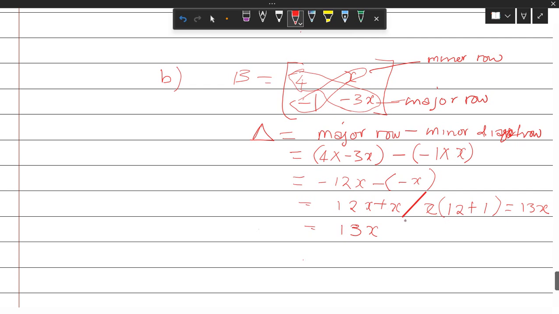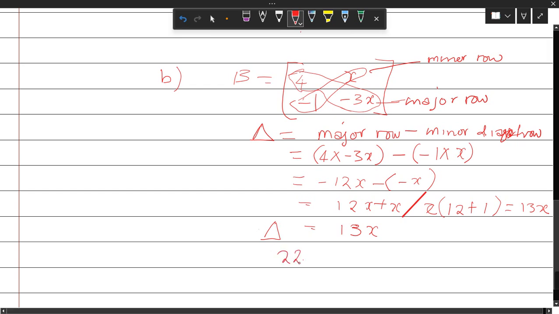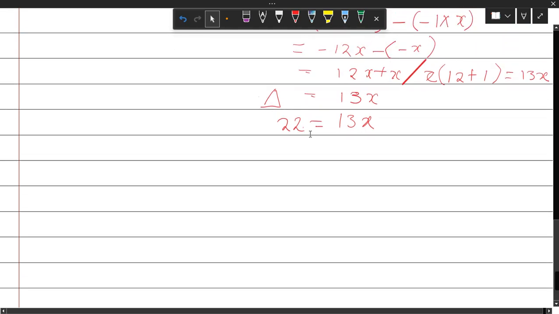So we've been told in the question that the determinant of this matrix is 22, which is represented by this delta. So we say 22 equals 13x. We need to determine the value of x.